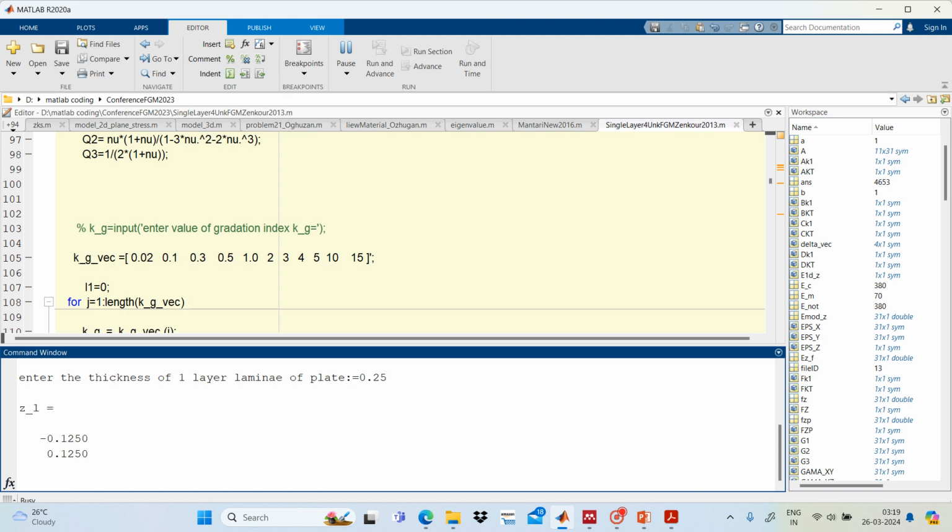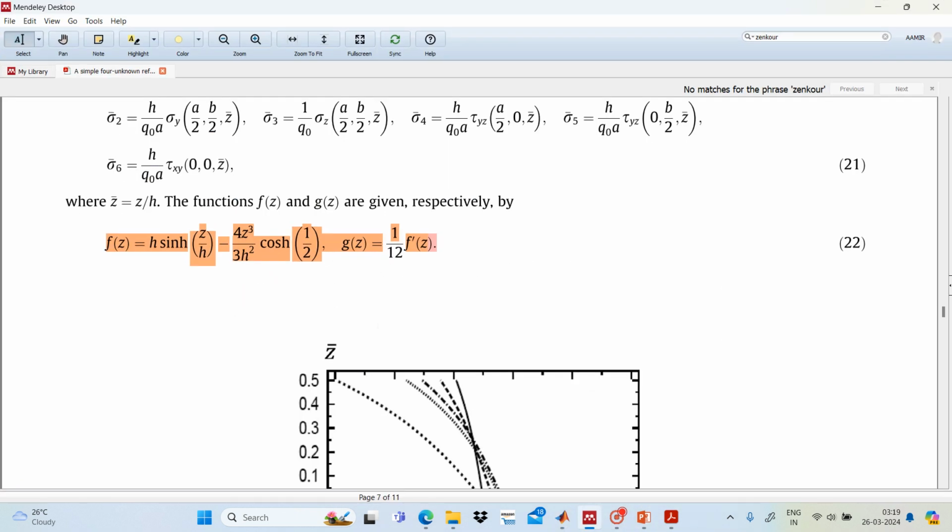This would run for various k values, starting at 0.02 and running up to 15. We have changed the values of k, so we will see how the variation would be for various coefficients. The code is running. In the meanwhile, let's see what it has shown.